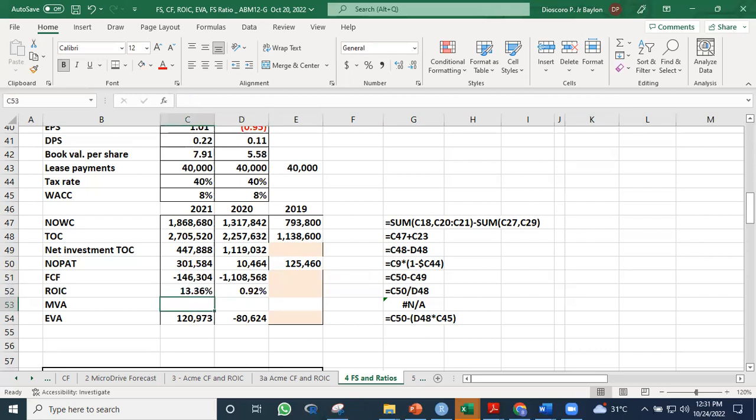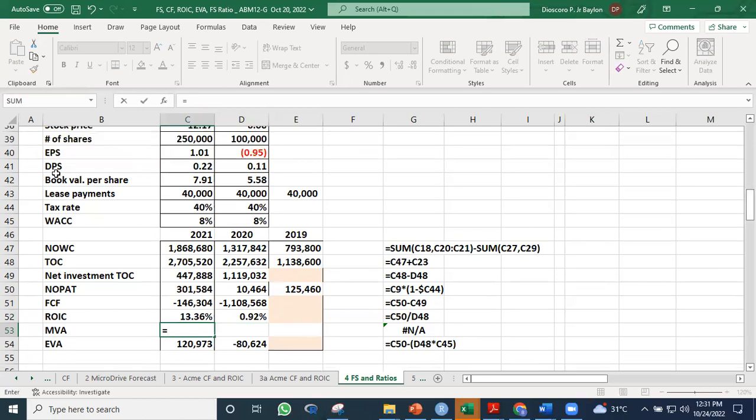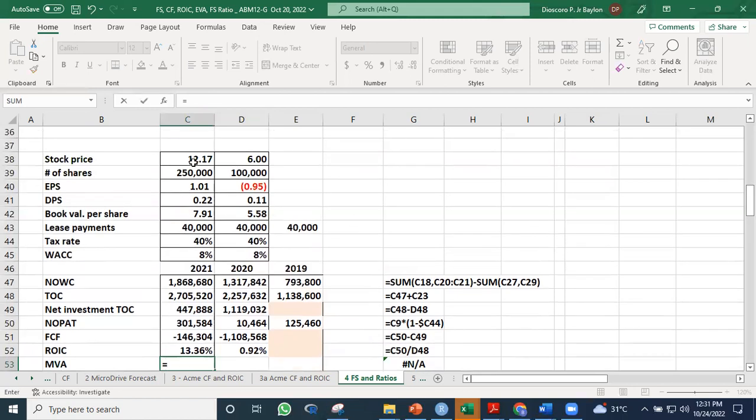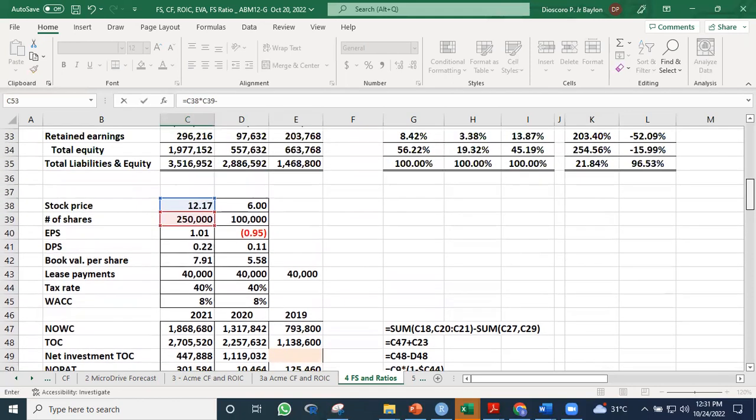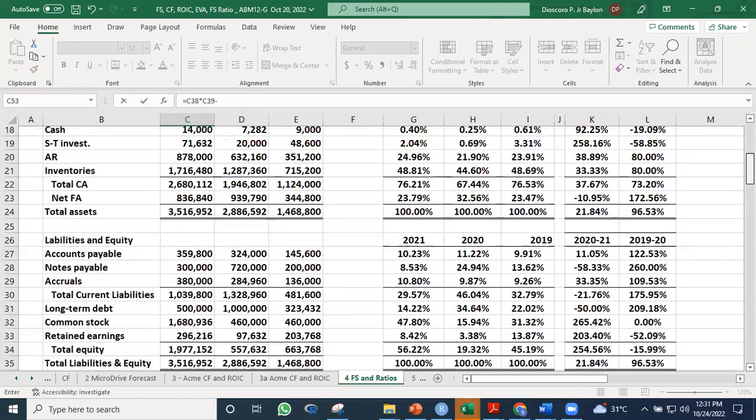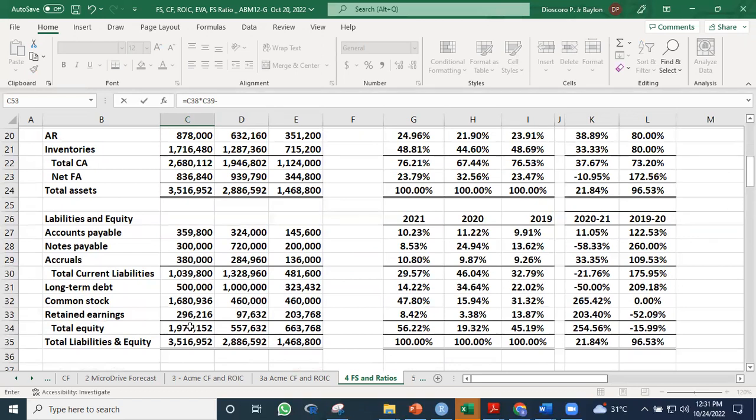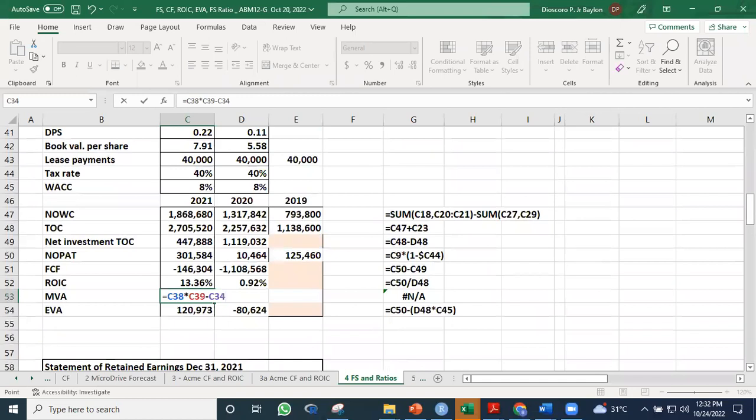And then how much is your MVA? Magkano MVA natin? Magkano yung stock price niya? Stock price niya is 12.17. Okay, multiply that by ilan yung shares outstanding? 250. Then minus, compare natin sa total equity. Total equity here is 1977.